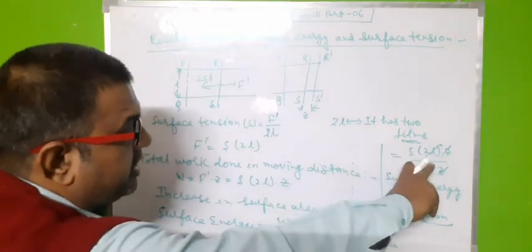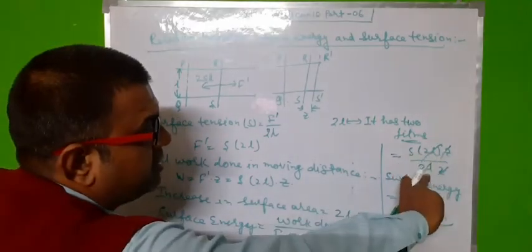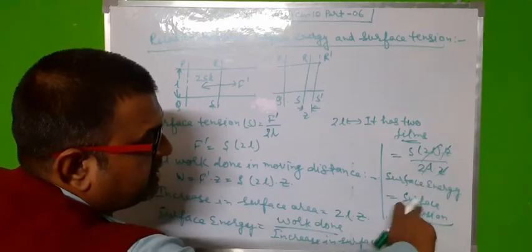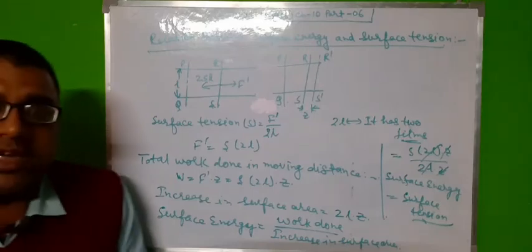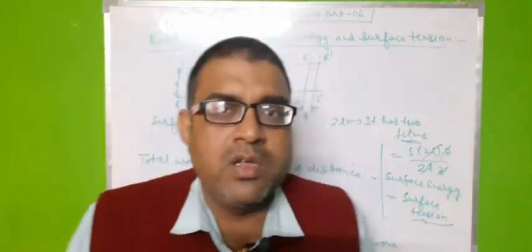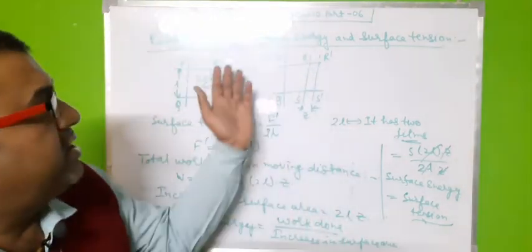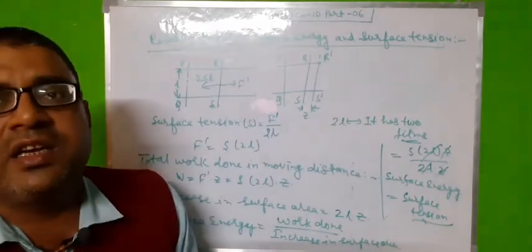So work done is S into 2L into Z upon 2L into Z. 2L cancels, and surface energy is equal to surface tension. Now dear students, this is all about the relation between surface energy and surface tension.